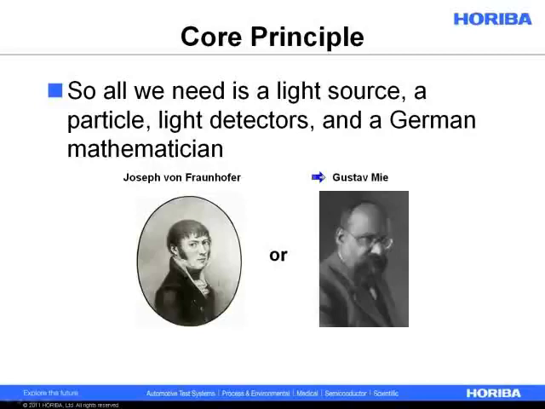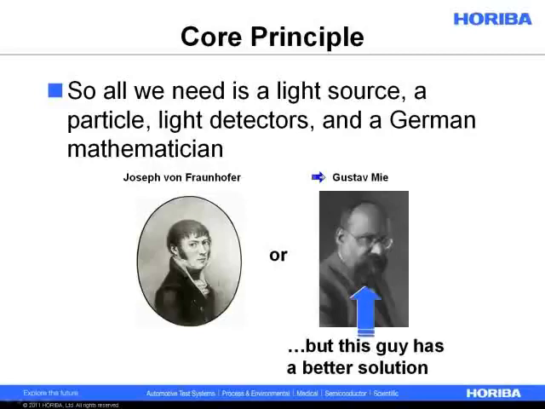This is a little tongue-in-cheek, but the important thing to take away here is that Mie scattering is ultimately a better solution for most particles. We'll see in a second that it extends the measurement range down into the nanometer scale, whereas the Fraunhofer approximation starts running out of steam right around, well, it depends on the wavelength of light, but we usually say between 20 and 50 microns. It's just sort of interesting that they're both German mathematicians.